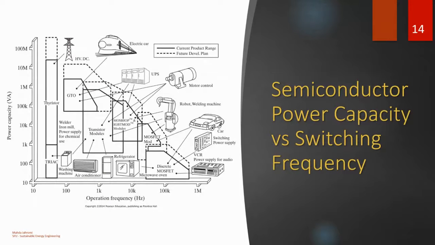And this other graph that I showed you shows you the power rating or the power capacity versus operation frequency. Remember the analogy that I gave you: when you go into the high power ranges, switching the device on and off would be like opening and closing a hydro dam versus opening and closing a hose, right?